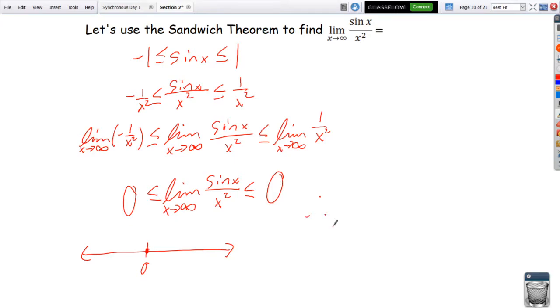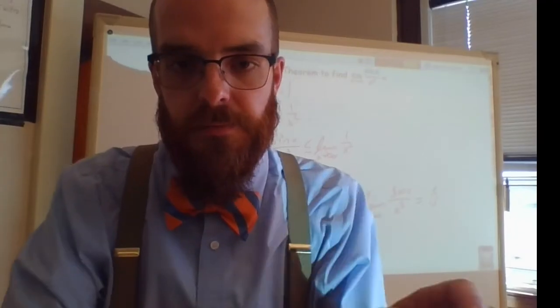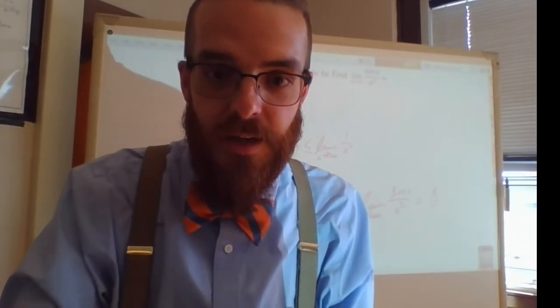I would just go with, therefore, the limit as x approaches infinity of sine x over x squared is equal to 0. And that's not supposed to be a dollar sign. I wasn't trying to be gangsta about it or anything. I just accidentally started misspelling sine. Right? Sandwich theorem. It's fun.